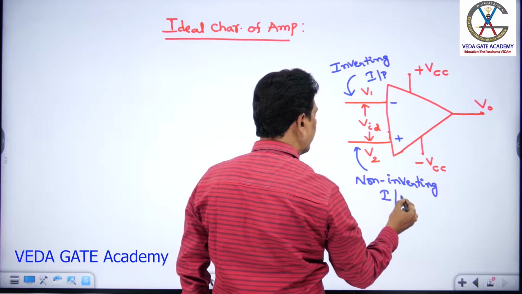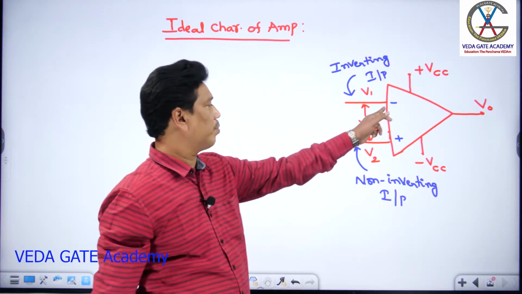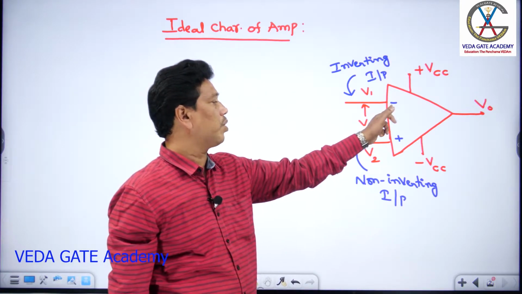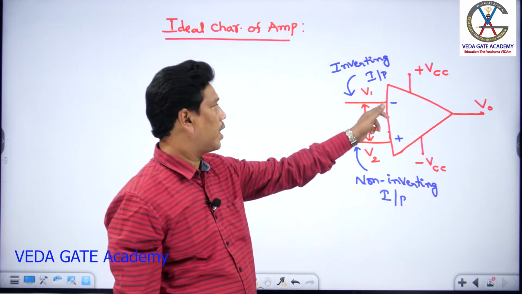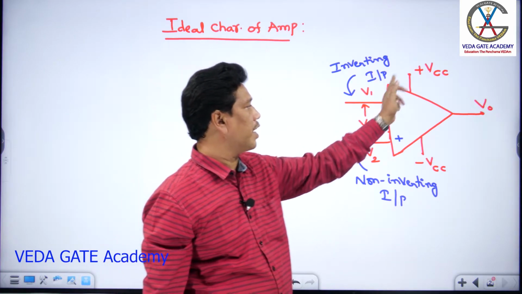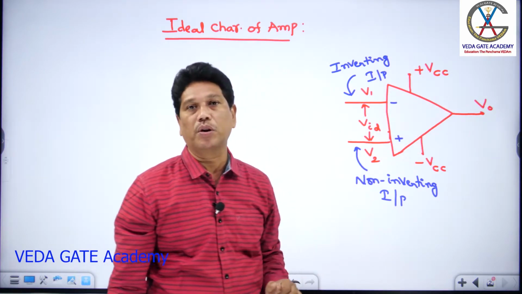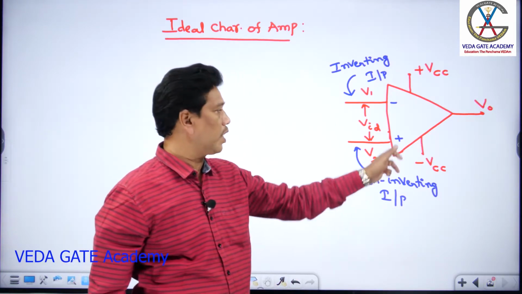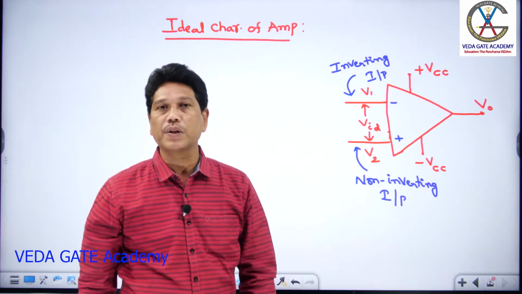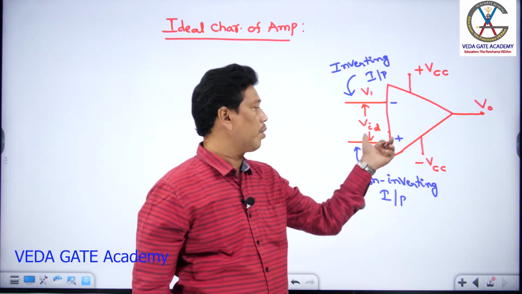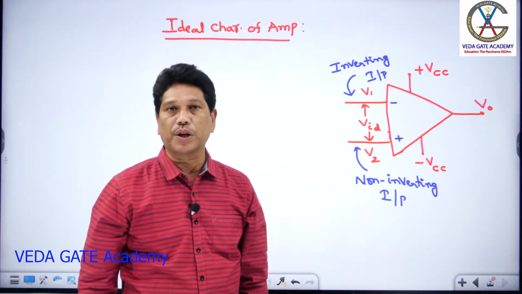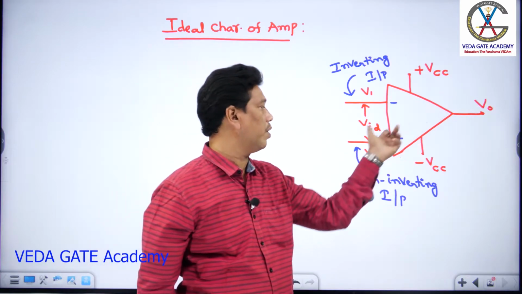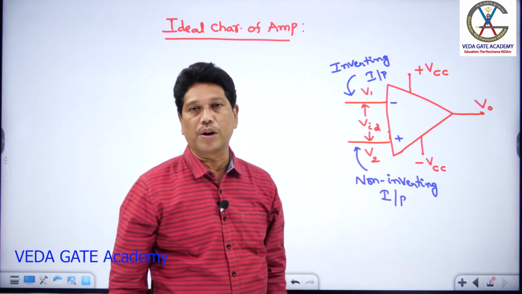The negative sign of the inverting terminal indicates a phase shift of 180 degrees between output and inverting input. Output and inverting input are always in opposite phase. The positive sign of the non-inverting input indicates that output and non-inverting input are always in phase; the phase shift between them is 0 degrees.